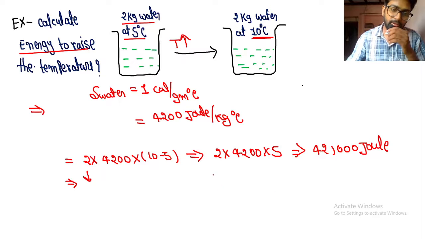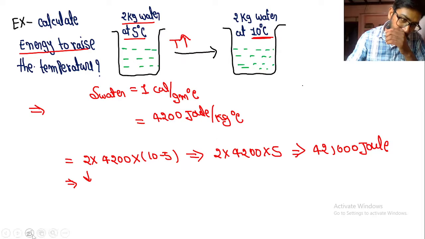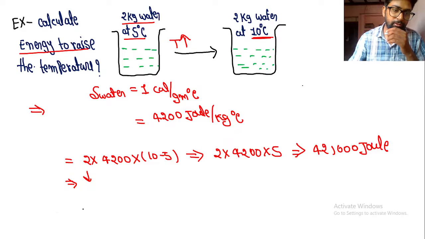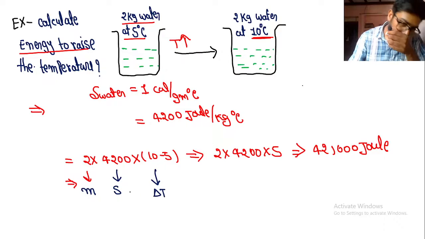But another thing which is important for the question: this is the mass m, this is the specific heat s, this is the delta T, and this is the energy.